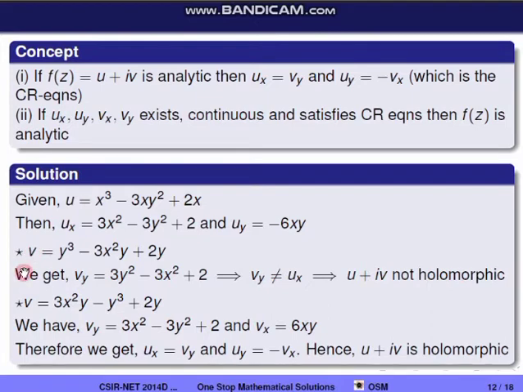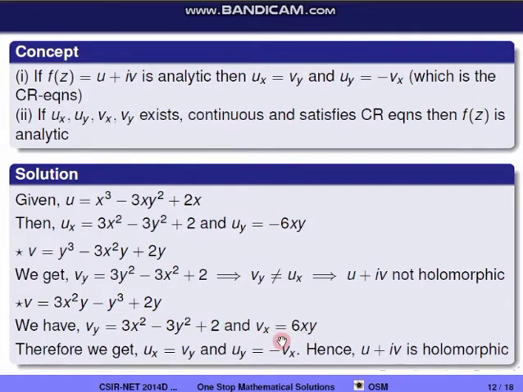So second option, v is equal to 3x square y minus y cube plus 2y. So first I am finding v y, partial differentiation of v with respect to y, that is equal to 3x square minus 3y square plus 2. So we are getting u x equal to v y. Now we find v x. v x is the partial differentiation of v with respect to x, that is equal to 6xy.